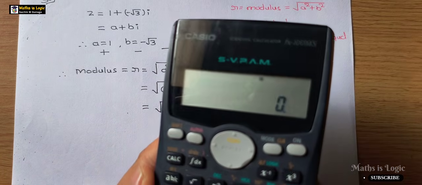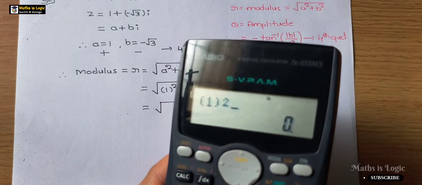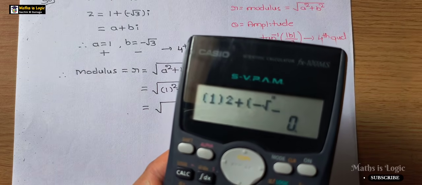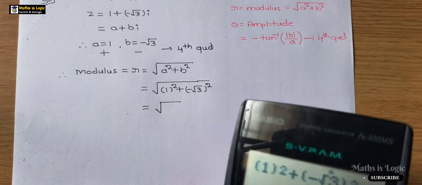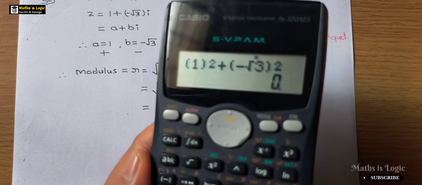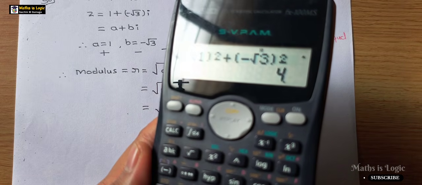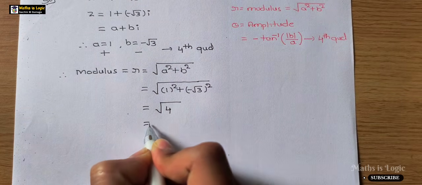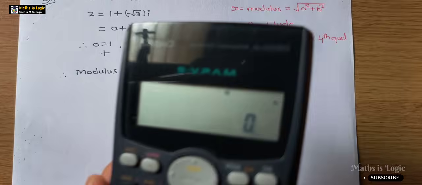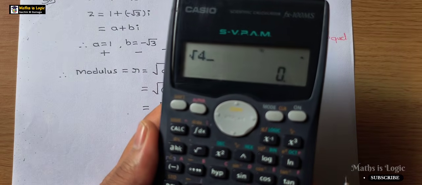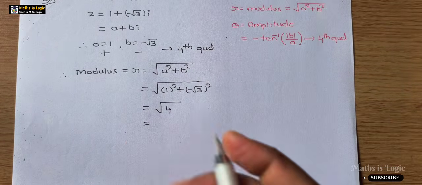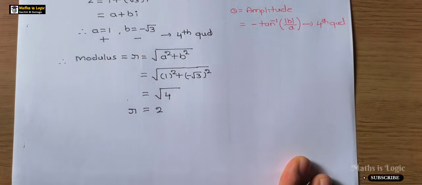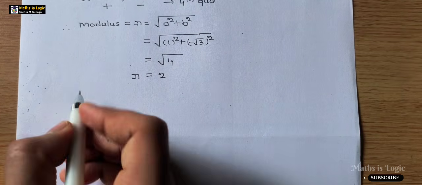So it is 1 square, plus minus root 3 bracket complete square, correct? Therefore 4 is the answer. So square root of 4 is nothing but 2. So write 2. So this is the value of r. After that, find out the amplitude.